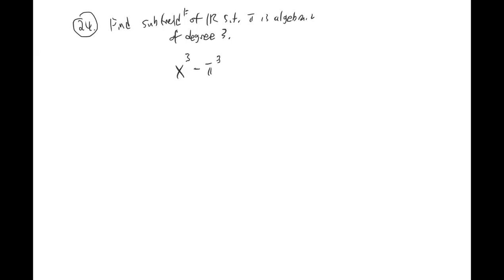Now this polynomial certainly is not in Q of x. If it was, pi would be algebraic over Q of x. But this is certainly in Q adjoin pi cubed of x. Sorry, not pi. I mean, it is in Q adjoin pi, but it wouldn't be degree 3 then.